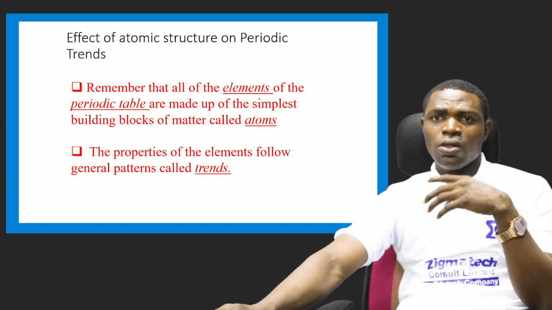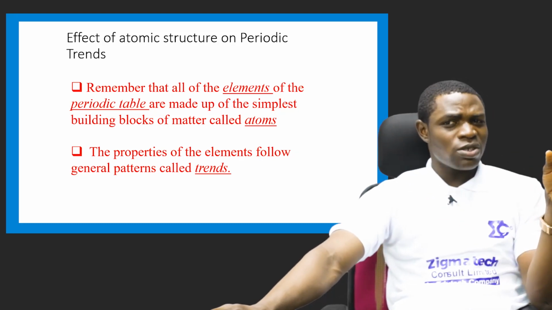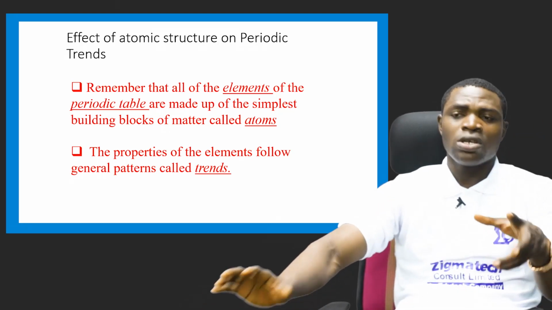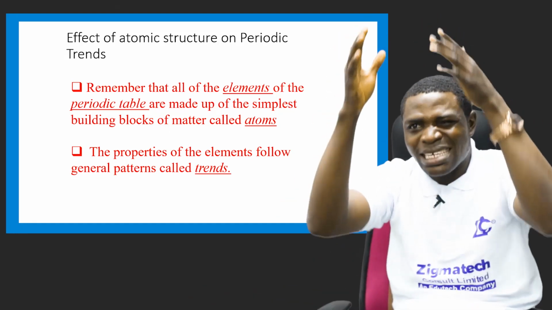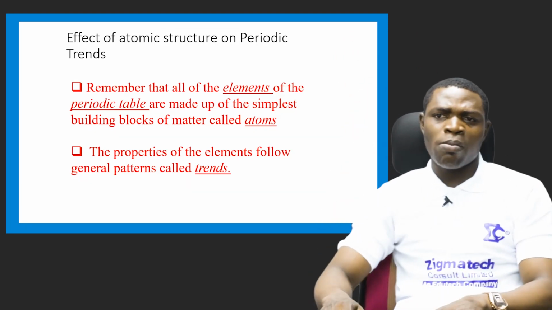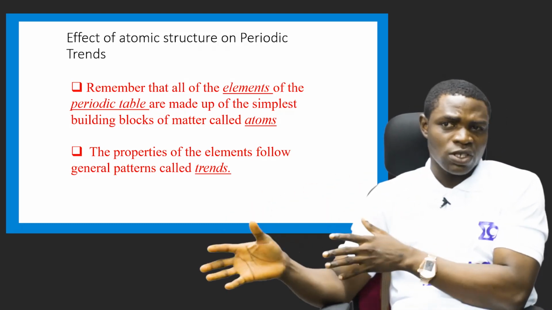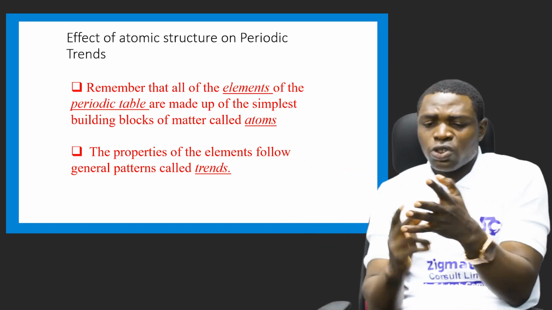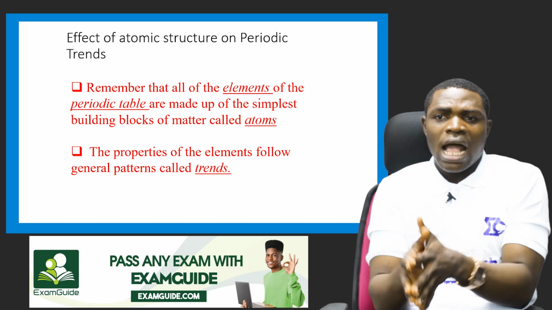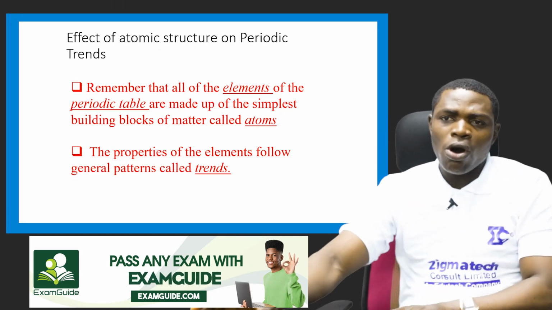Now, looking at the effect of atomic structure on the periodic table, remember that all of the elements of the periodic table are made up of the simplest building block, which we call the atom. The atom is the bedrock, the building block of all matter, because an atom has subparticles. The coming together of proton, neutron, and electron forms an atom. And then the atom forms the building block for all matter.